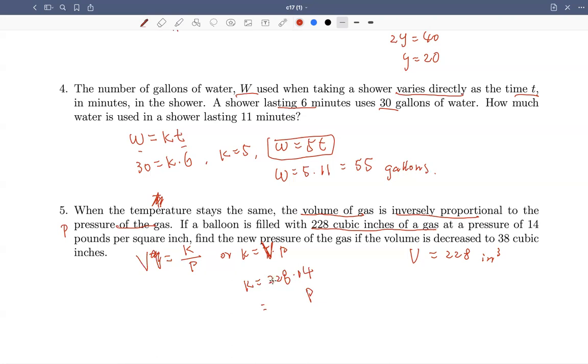When the volume is 38, the pressure we don't know, but we know K is 228 multiplied by 14. Right, we have formed this: K equals V, the volume, multiplied by its pressure. So now let's divide 38 on both sides.